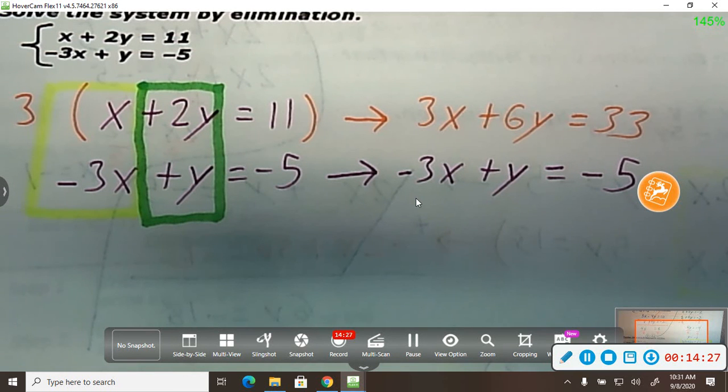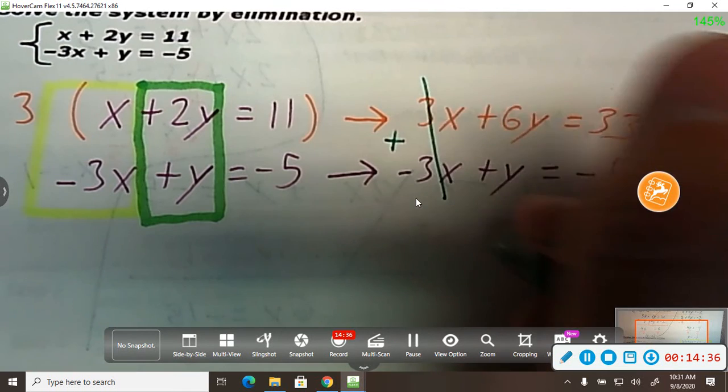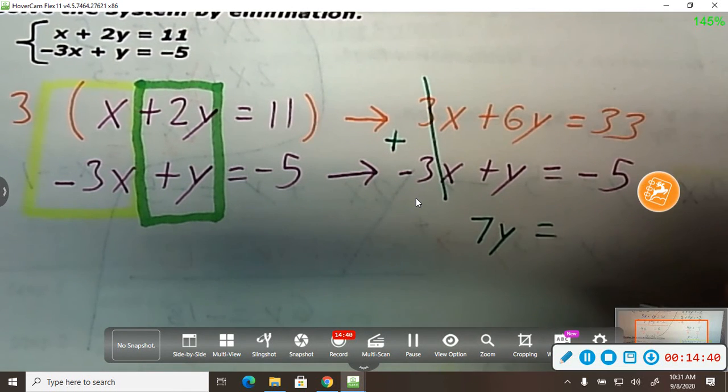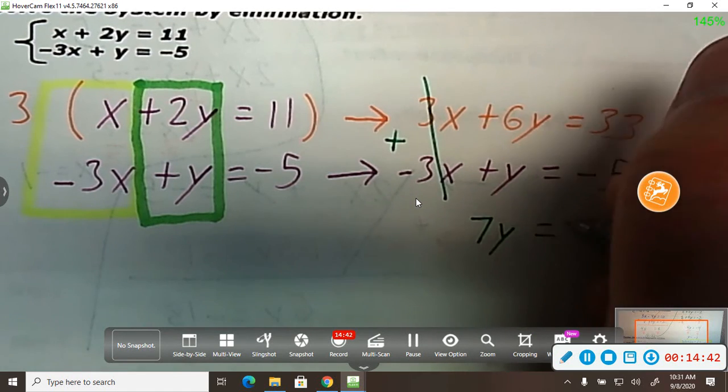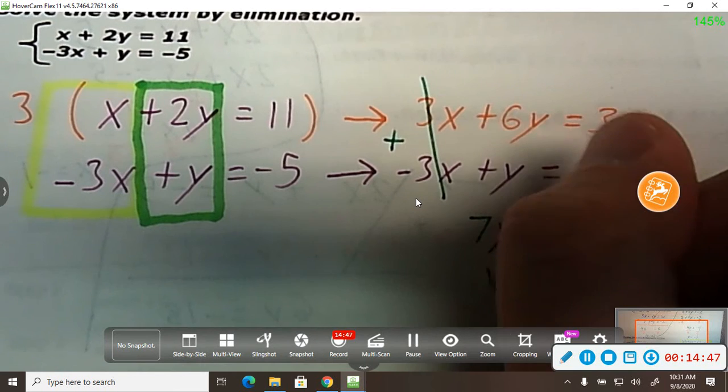And then I do realize we only have 6 minutes left, so I'm going to go a little faster. I would add those together. Those eliminate. That'd be 7y is 28. Divide both sides by 7. I get y is 4.